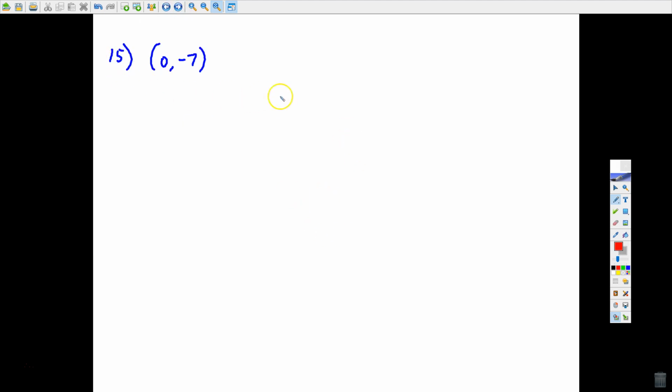Okay, let's take a look at number 15. Now this happens to fall on one of our quadrantal angles, and we talked about this earlier today, that no matter where you are on the negative y-axis, which is where this point is, any point that falls on this particular terminal side representing the negative y-axis, it's always true, just like in our notes.